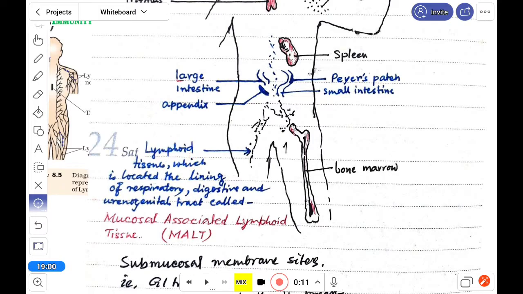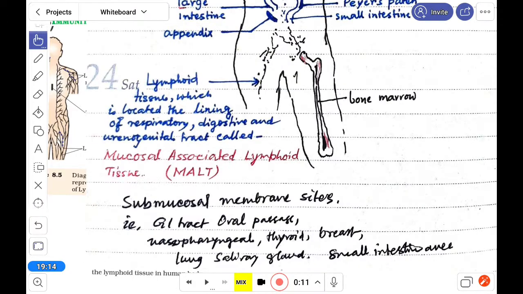Here is the bone marrow also, another part. So lymphoid tissue located within the lining of the respiratory and digestive tract is called the mucosal associated lymphoid tissue, that is MALT.